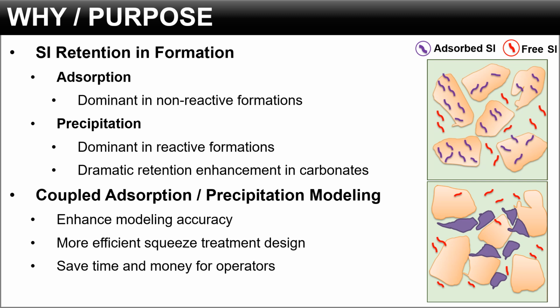Later, as the scale inhibitor concentration decreases in the solution, they will be redissolved, the bond between the scale inhibitor and calcium or magnesium will be broken, and the free scale inhibitor will be released to the solution, which can hold the scale inhibitor concentration at levels above the MIC values.